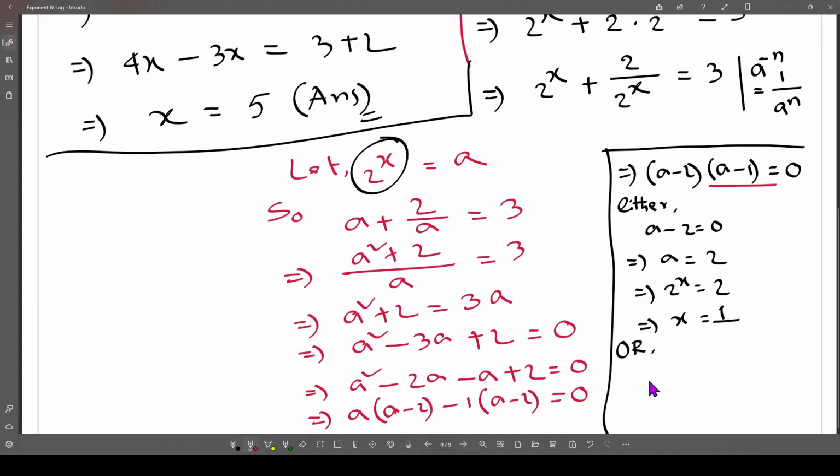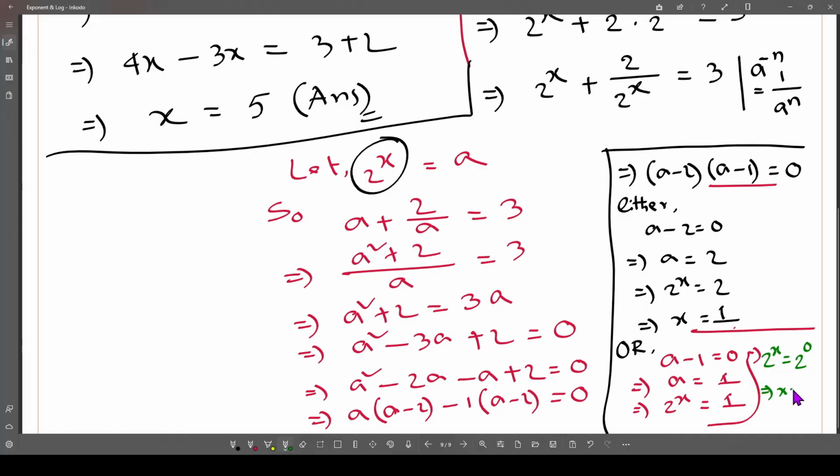Or here is a minus 1. a minus 1 equals 0, a equals 1, 2 to the power x equals 1. Why 2 to the power x? Because a equals 2 to the power x. Now here is 2 to the power x equals 1. This one we can write as 2 to the power 0.